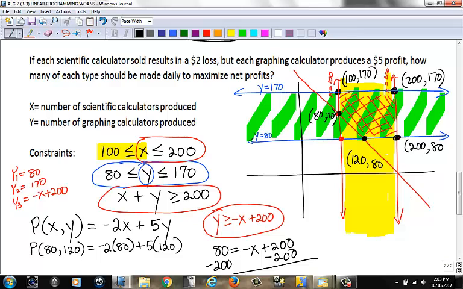Wait, did I write that right? No, I didn't. It's the other way around. Sorry, gosh darn it. So this is 120, 80. So turn these around.